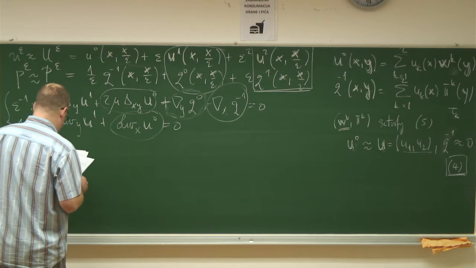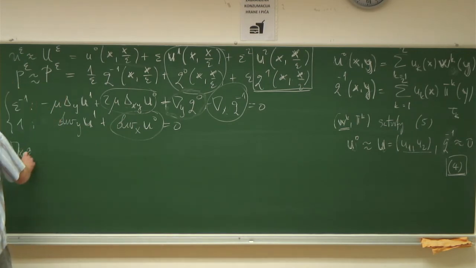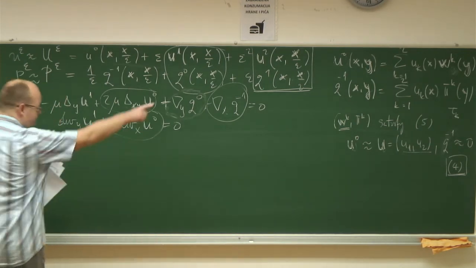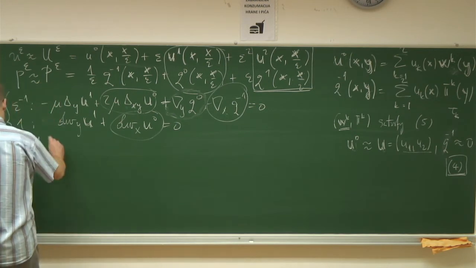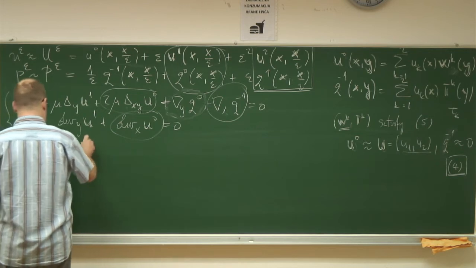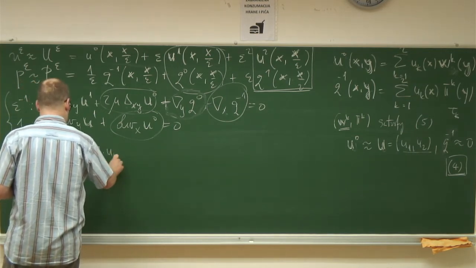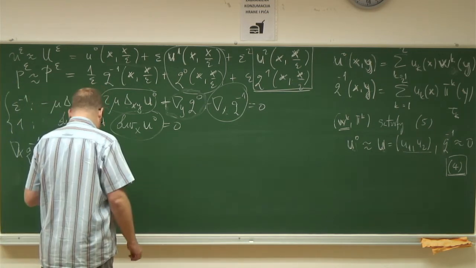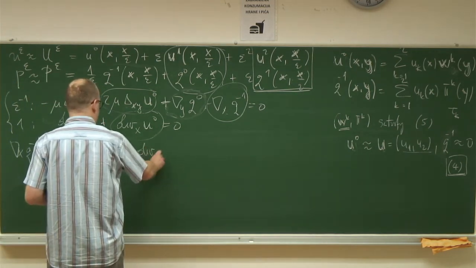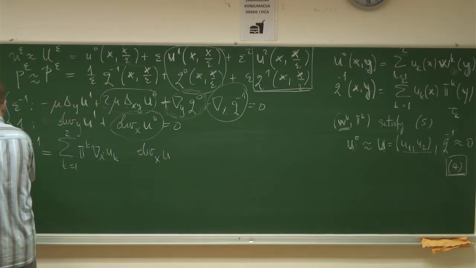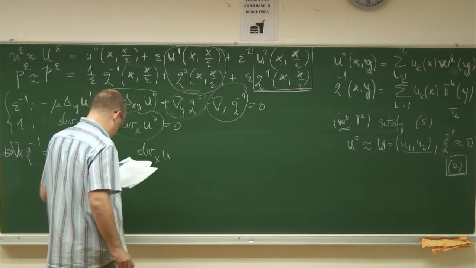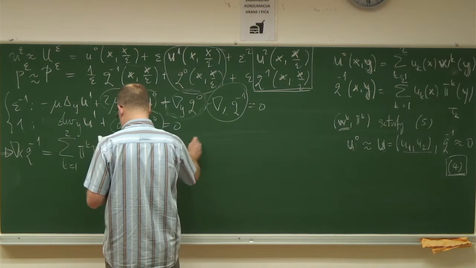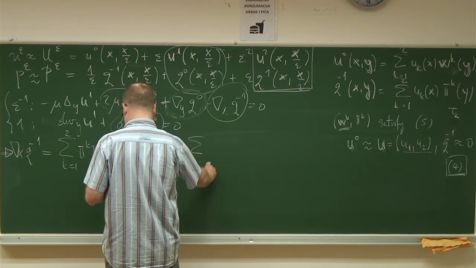So let me write it. So if we compute this from there, and we have this. We compute this guy here, and we have something like this.